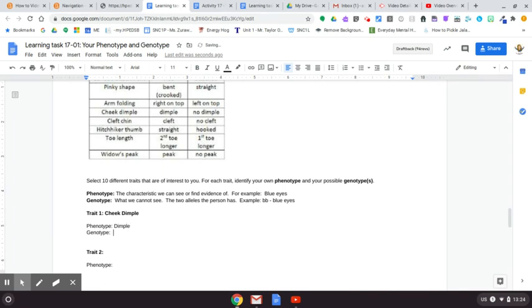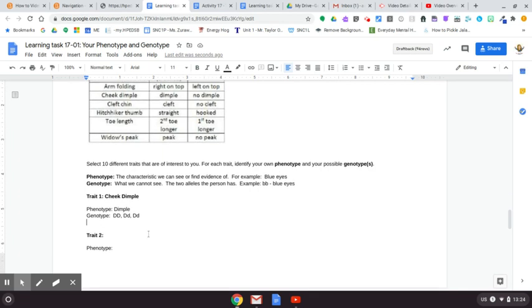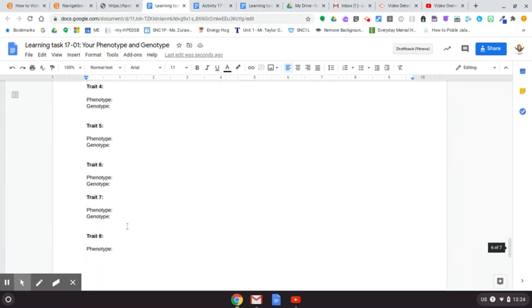And then my genotype, because it's dominant, it could either be that my dad gave me the big D and my mom gave me the big D, or my dad gave me big D and mom gave little d, or my mom gave big D and my dad gave little d. So this actually happens twice when you think about it. Either mom could do it or dad could do it, and we'll talk about that in Punnett squares in the next example.